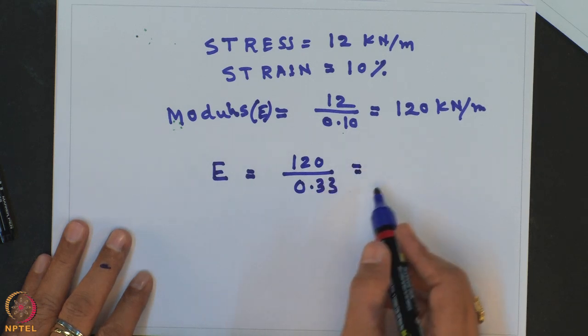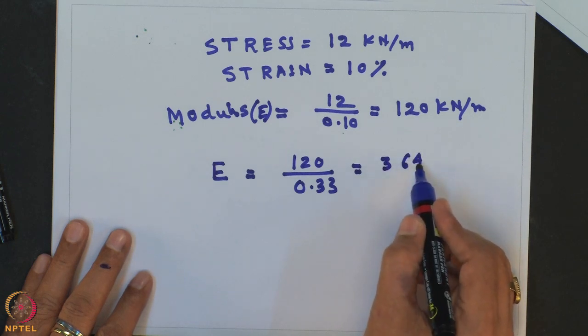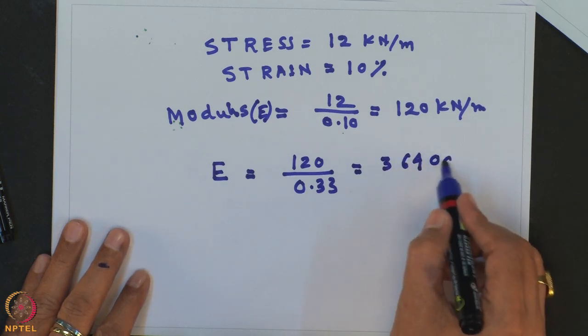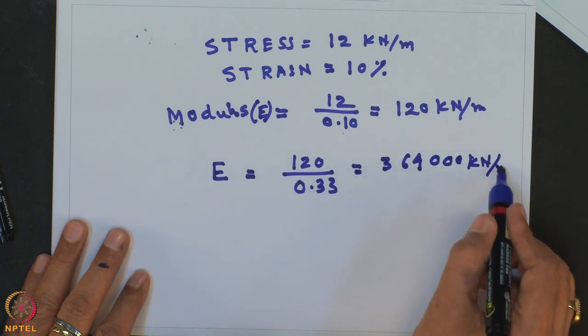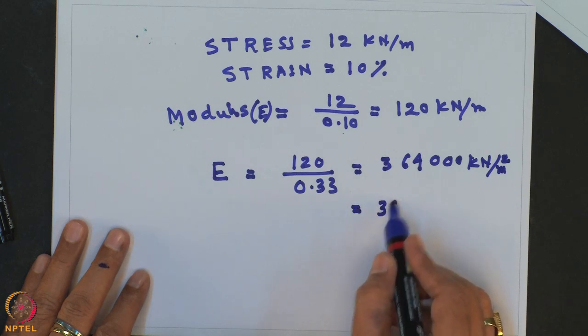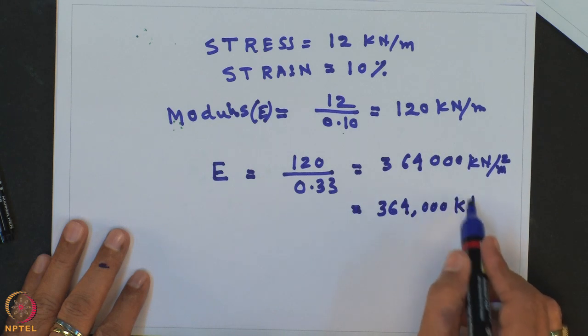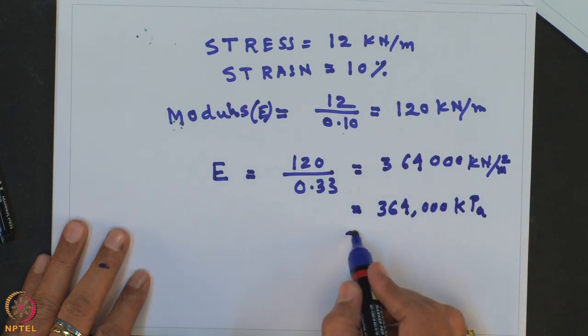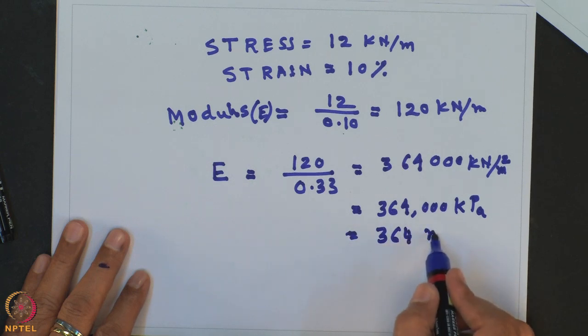This will give you 364,000 kilonewton per meter square, or 364,000 kilopascal, or 364 megapascal.